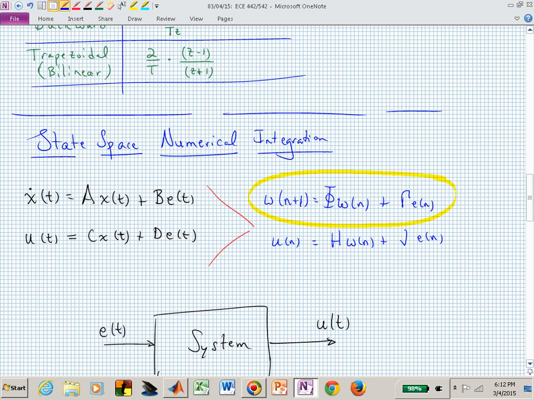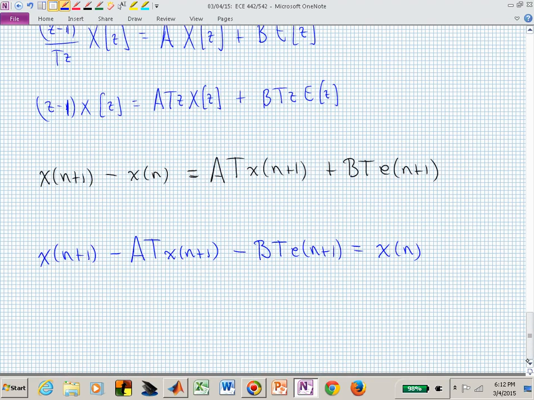E is the input. Thinking that way, we are not locked in to keeping our state vector as X. Really? Well then, let me do something magic. Let me lump all of those weighted signals into one new vector, W of n plus 1.